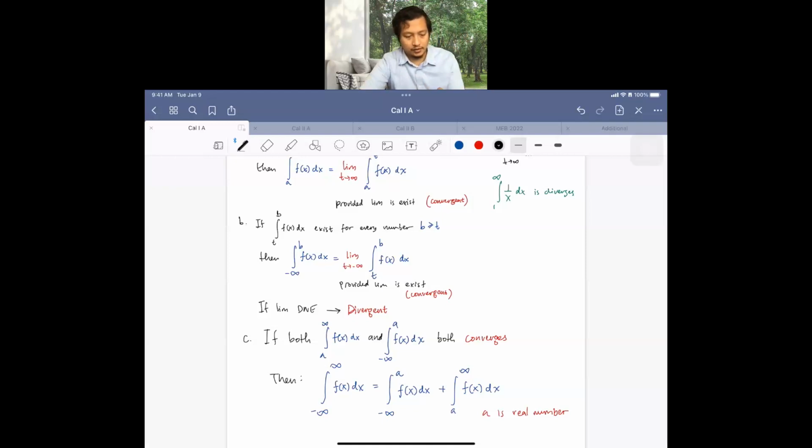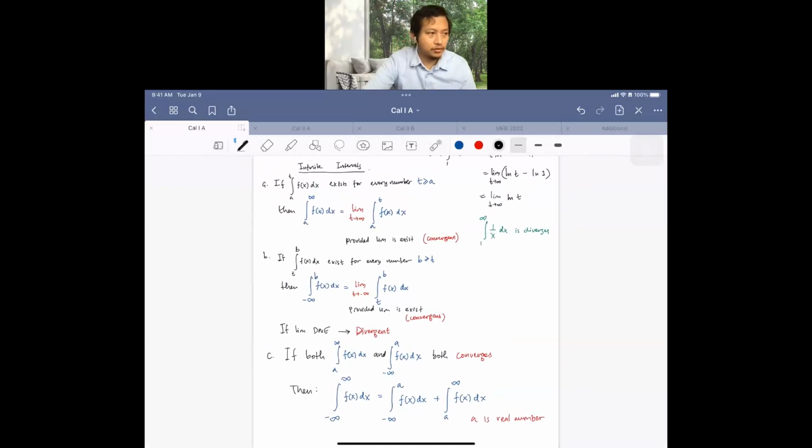Okay, that's some rules for the infinite intervals.